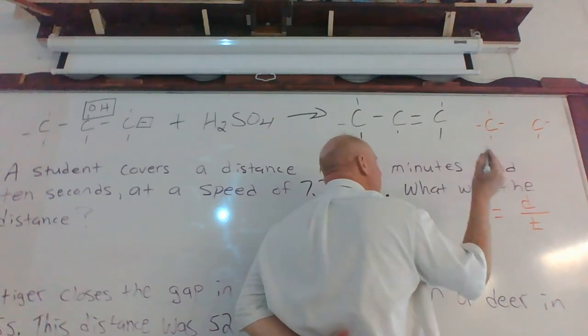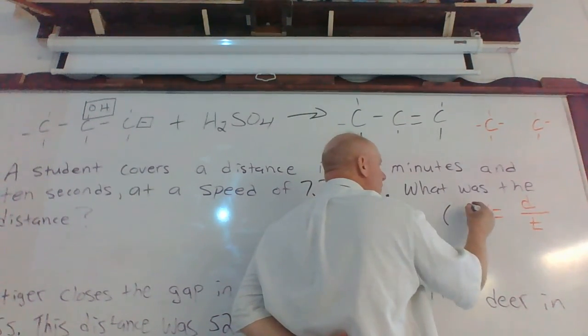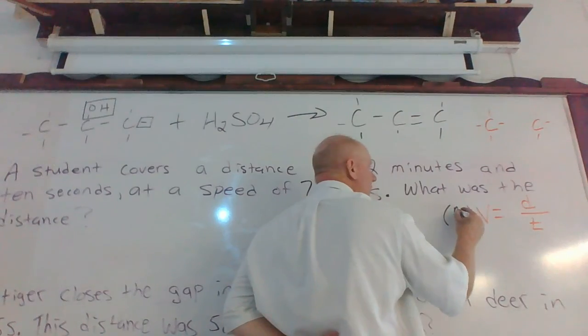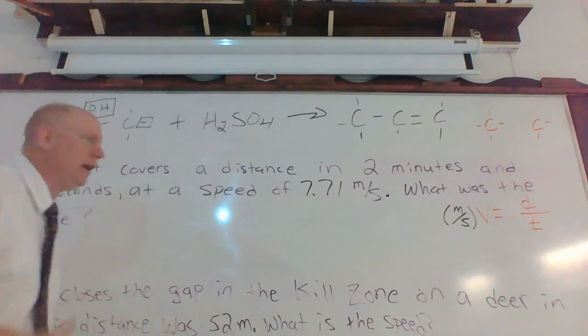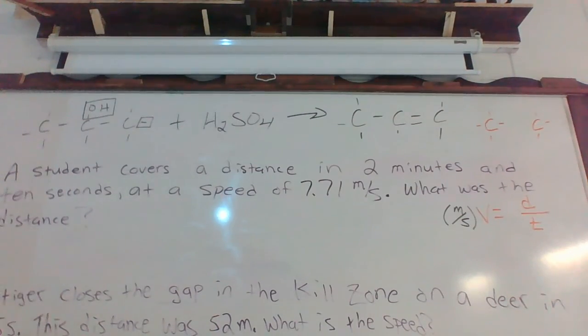And again, get that through your head. I'm putting in parentheses what the labels are. Meters per second is a velocity. Okay, don't get that mixed up with the formula. We're just saying that velocity is measured in meters per second. So just write down what you see in the orange. And if you need to write the labels down somewhere else, you're more than free to do that as well.